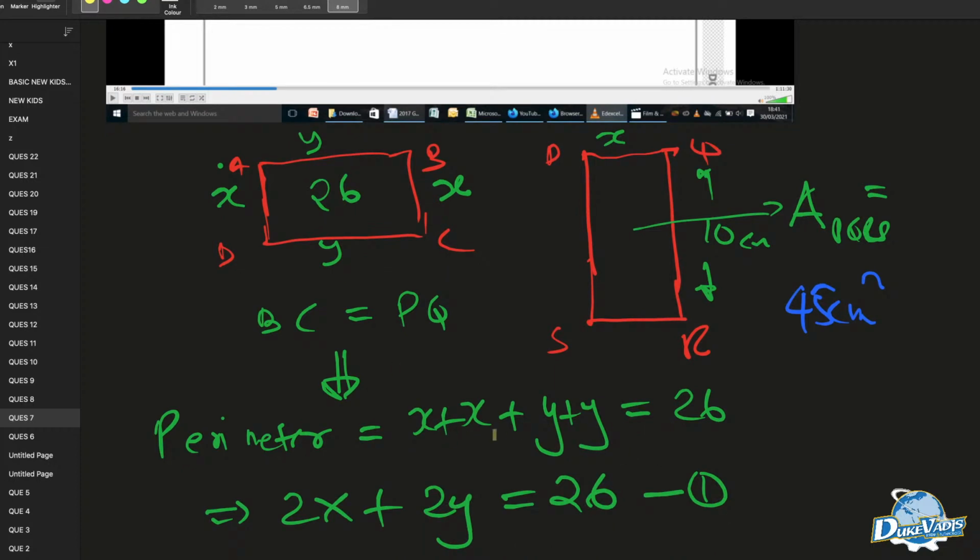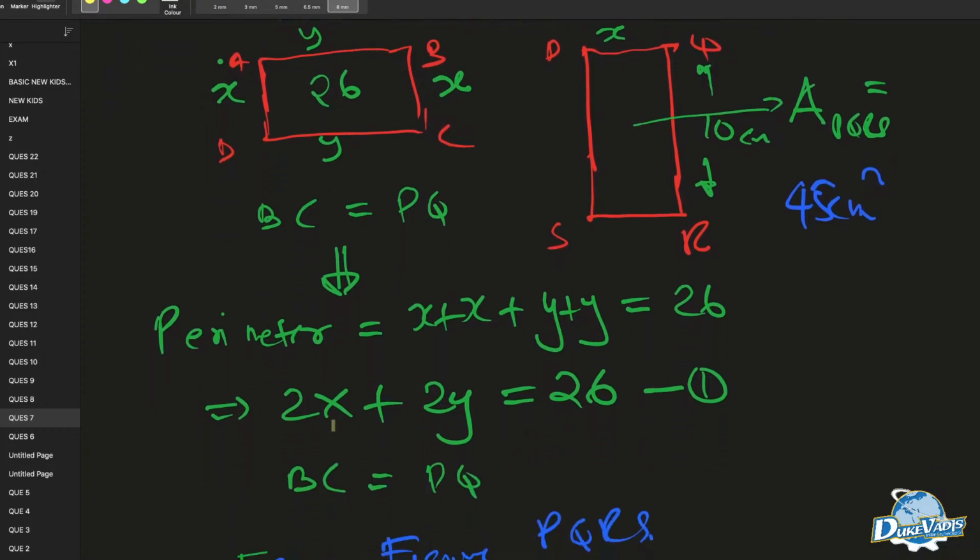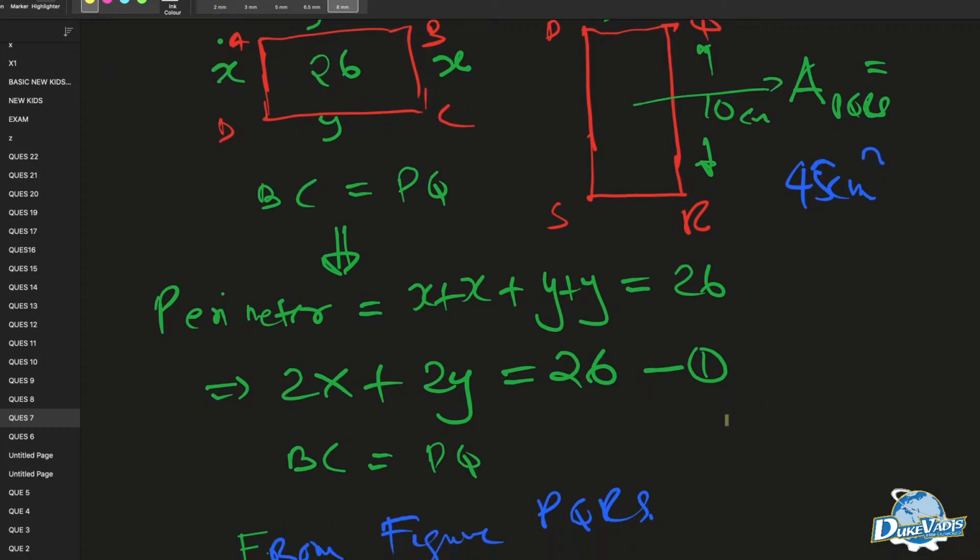So x plus x and plus y will be the total of the whole dimension. Okay, so that x plus y should give us 26, which is the perimeter given. So when we evaluate this, then we say 2x plus 2y is equal to 26. So we put that equation aside.